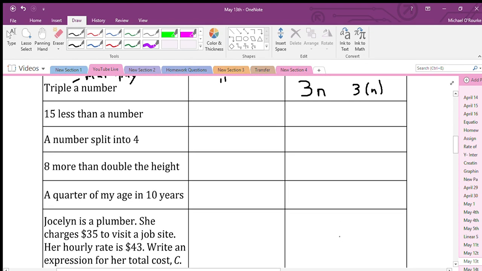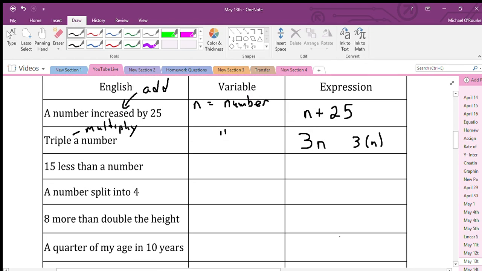Let's keep going here. I want you to pause it before I read it out, and when you're set, go back. 15 less than a number. Okay, pause it here. So once again, we have n for number, and less here is minus.